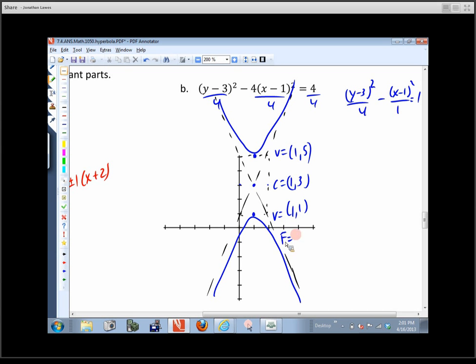In fact, I could write the foci right next to these, and I can already fill in one of the coordinates. It's got to be 1. How far do I go? Yeah, radical 5, so a little bit more than 2. So this is going to be that old y coordinate 3 plus radical 5, and that old y coordinate 3 minus radical 5.